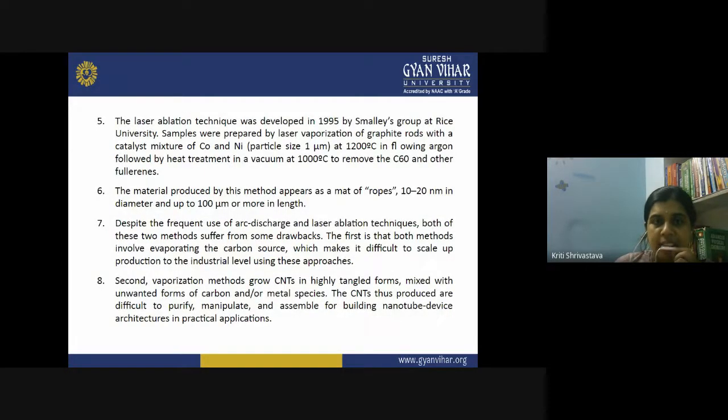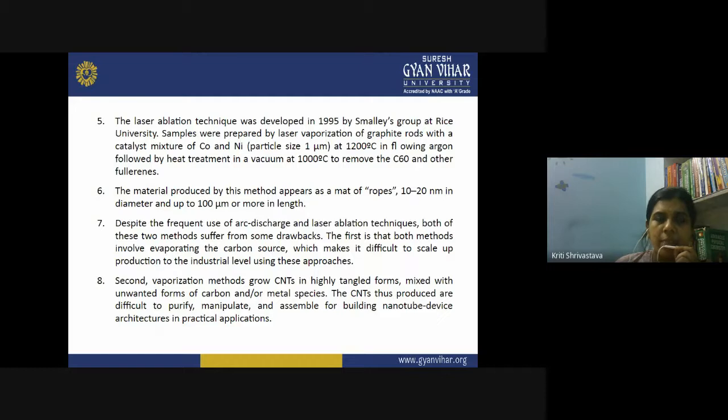Another technique is laser ablation technique, and it was developed by Smalley group at Rice University in the year 1995. In this technique, the samples were prepared by laser vaporization of graphite rods, and the catalyst was a mixture of cobalt and nickel.